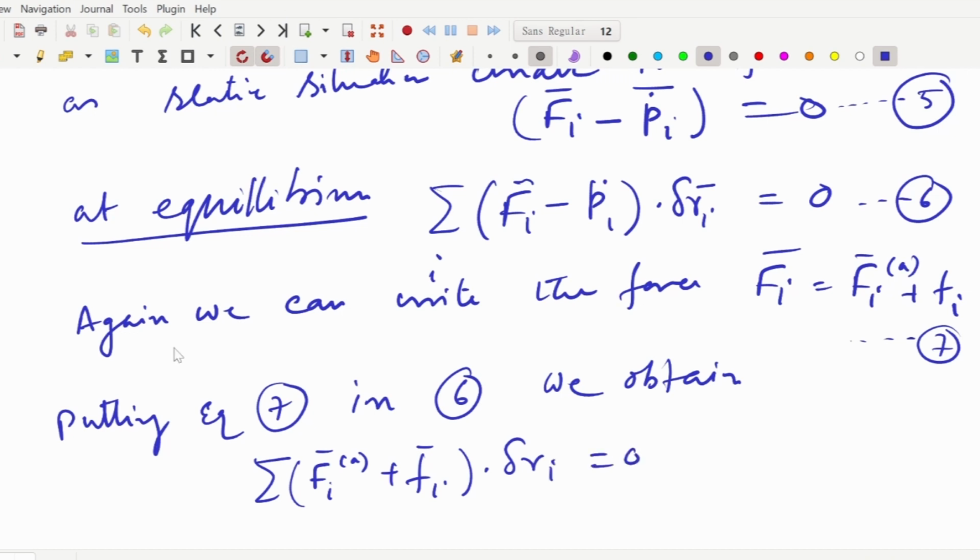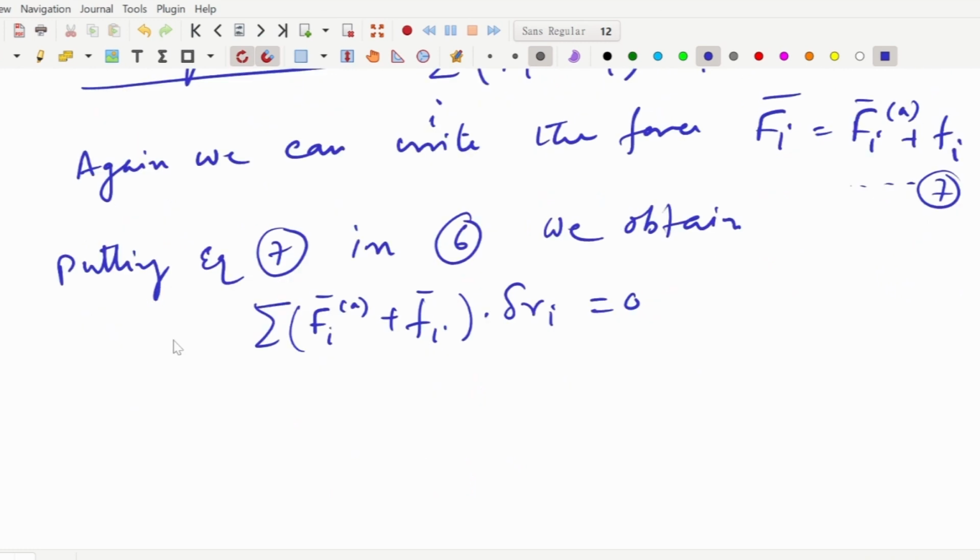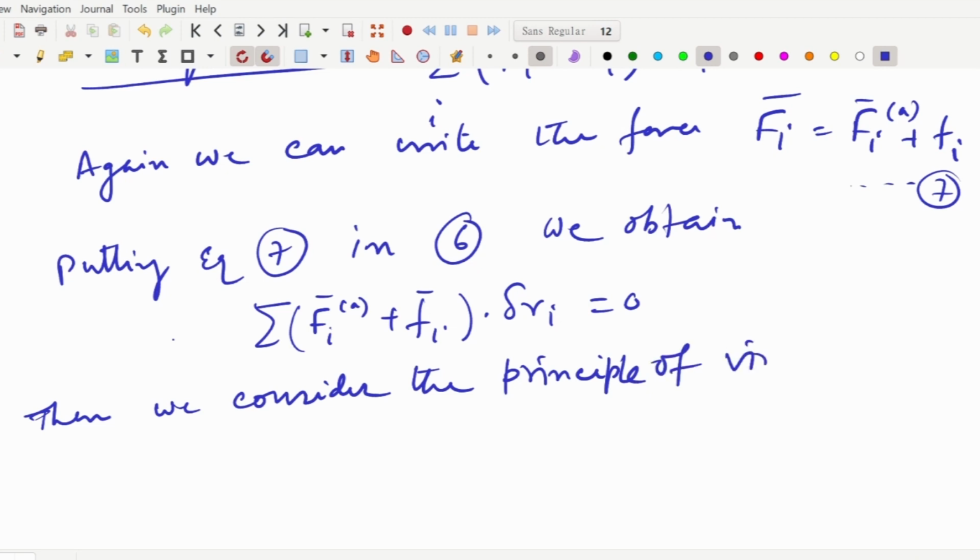And then if you consider the principle of virtual work, what is that principle? That the work done by all forces of constraint will be 0.